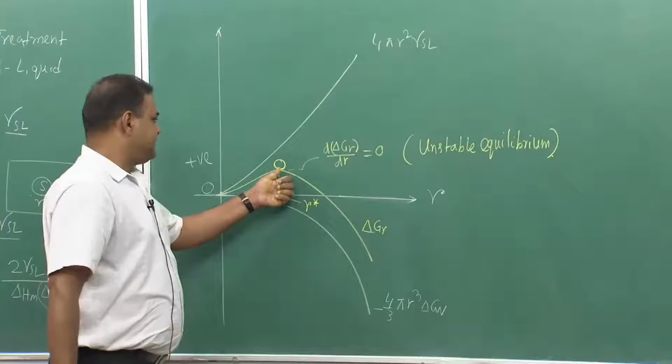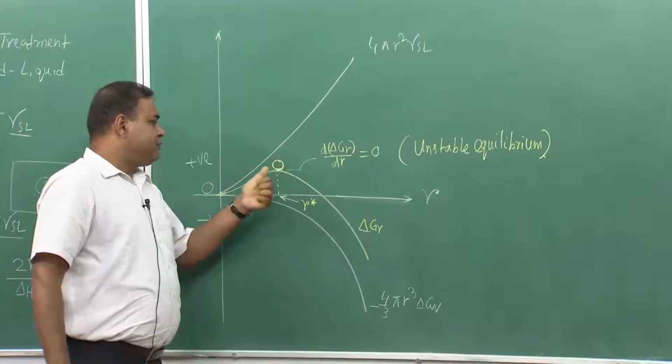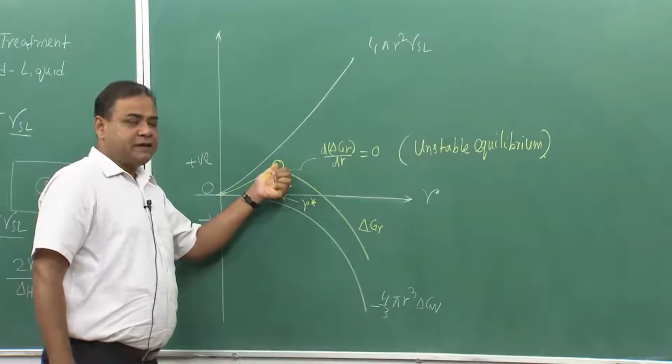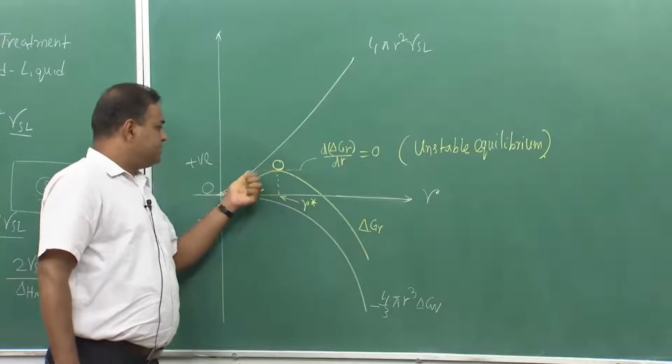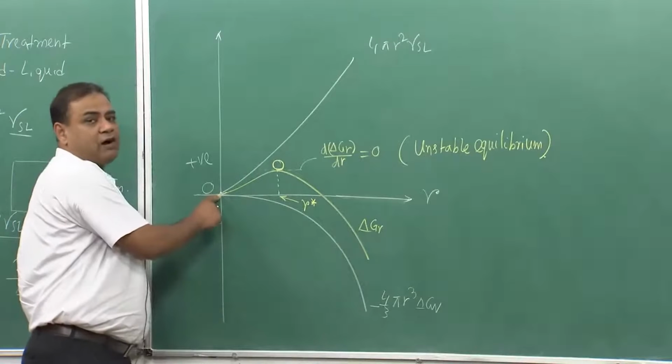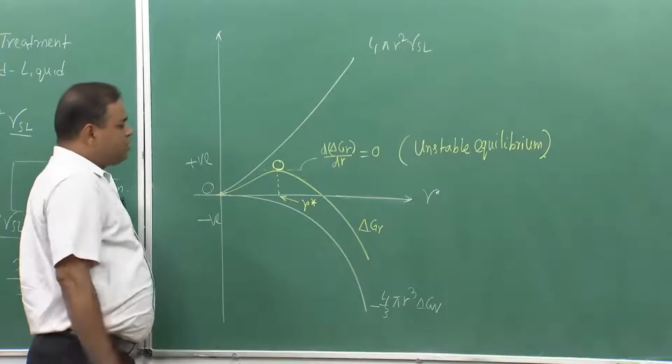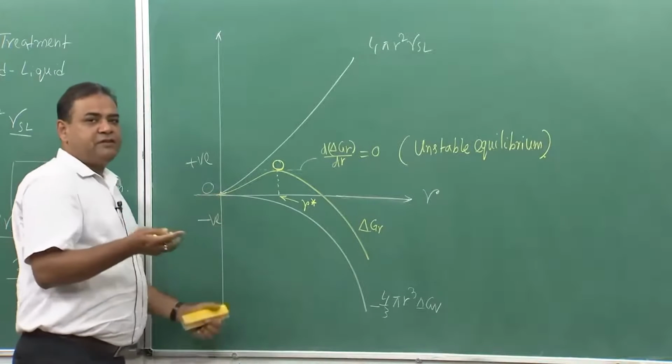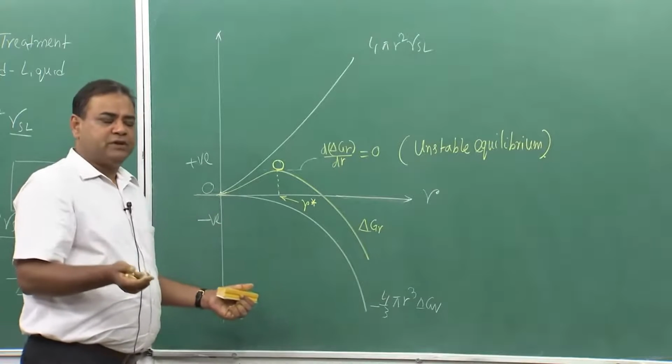It suggests that if we do not disturb it, it can either go this way or it can go that way. And this is the 0 value of r. Now, 0 value of r means there is no existence of solid.